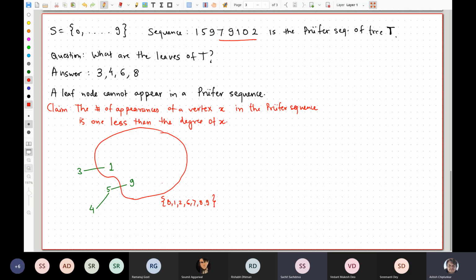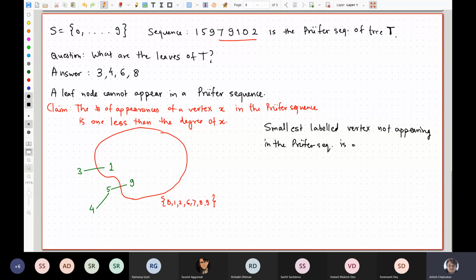Can you repeat once again? Okay, let me just write it down. Smallest labeled vertex not appearing in the prefer sequence is a leaf, and its unique neighbor is the first entry of the prefer sequence.